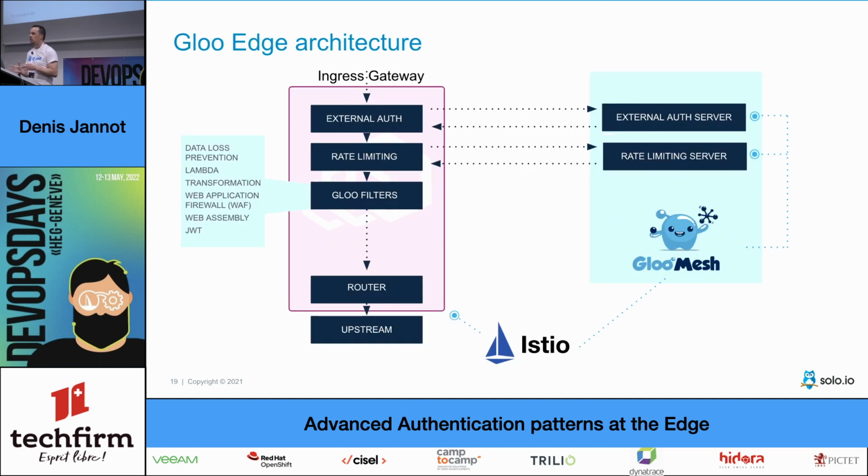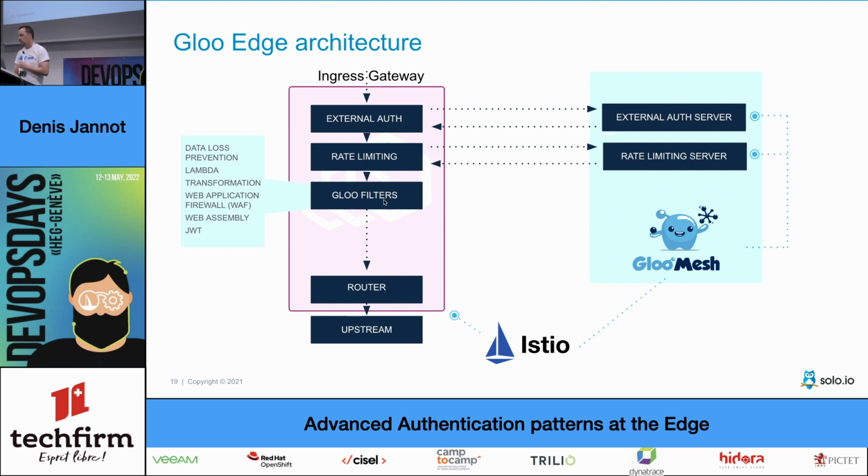So what we did is we took all these components that we have in Gloo Edge, like the external authentication server and the rate limit server. We deploy them on Istio. We take all these filters that I told you about before, like the transformations, like the WAF and all the stuff. We replace the image of the Istio gateway by our image, which is exactly the same, but with these filters inside.